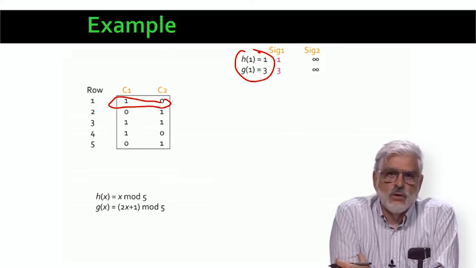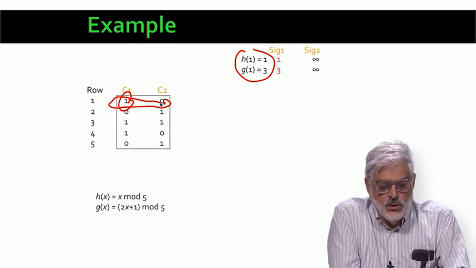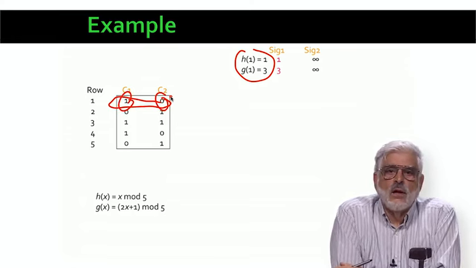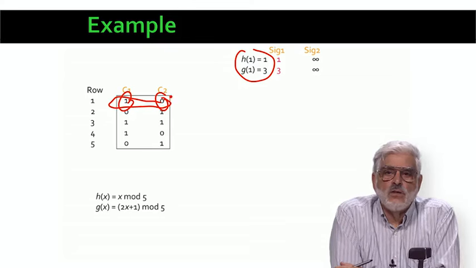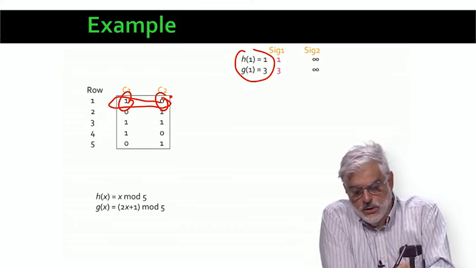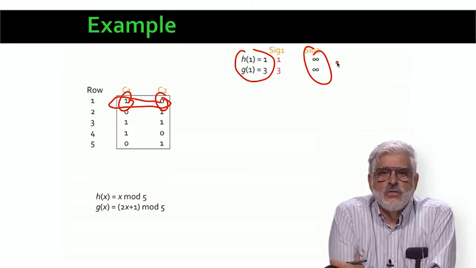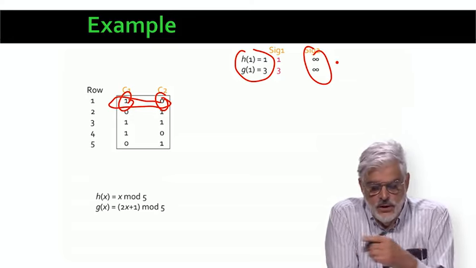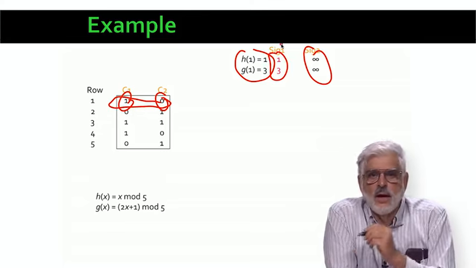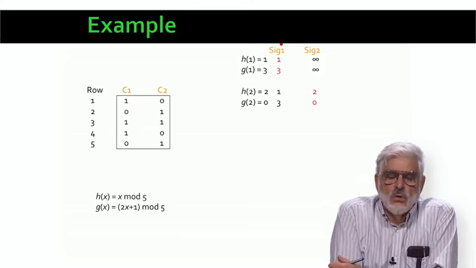Now, row 1 has 1 in the first column but 0 in the second column. Therefore, the second signature is not changed, and both its components remain at infinity. But the first signature is changed to the values of h of 1 and g of 1, that is 1 and 3.